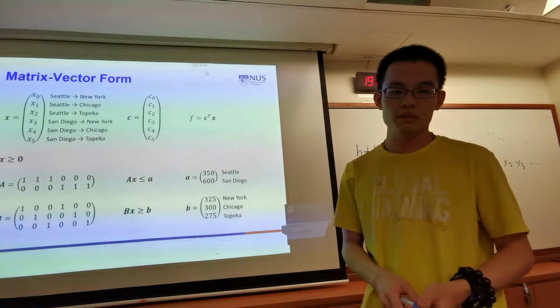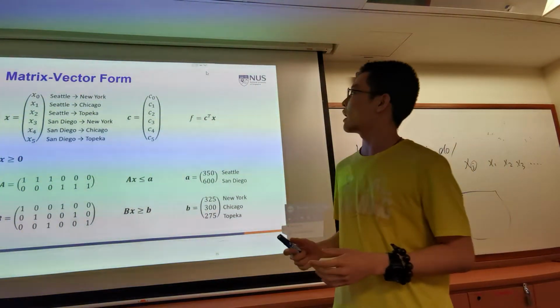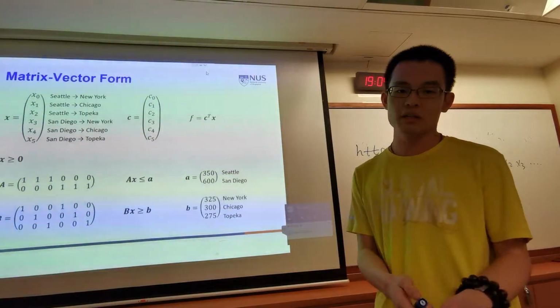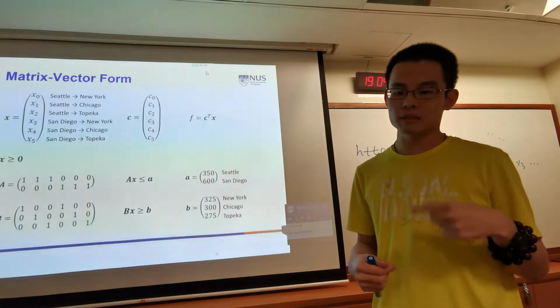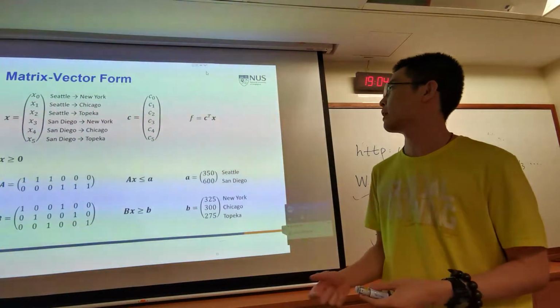All the decision variables must now be put in one single vector. You can think of it as linearizing: originally we have two sets of indices, like a matrix, and you need to linearize it to a vector.